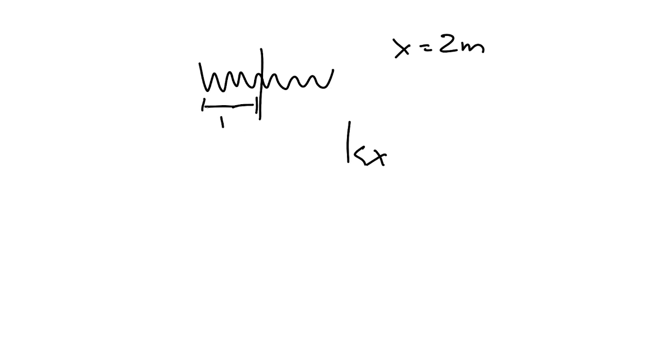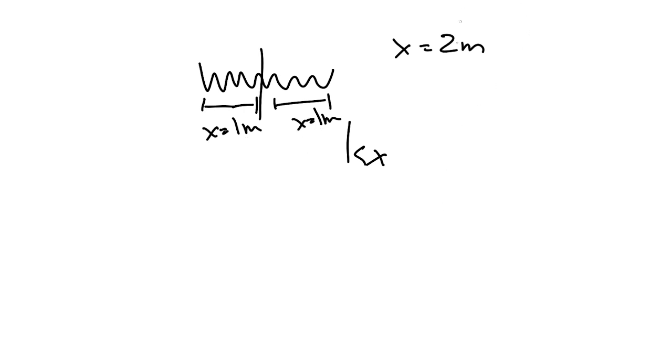Like we elongate it. We stretch these each by 1 meter. That will produce the same amount of restoring force as just having the spring stretched by 2 meters, right? Because if I apply the same amount of force to stretch each of these by 1 meter, it shouldn't be different, right? If you get what I mean.